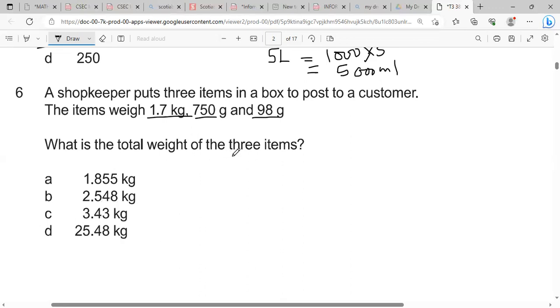But before we do that, we're going to see the total grams we have. So it's 750 grams plus 98 grams. We want to know the total grams and then we're going to convert. So we have 8 plus 0 is 8, 5 plus 9 is 14, 4 carry 1. So that gives us 848. So now let us look at the conversion rate.